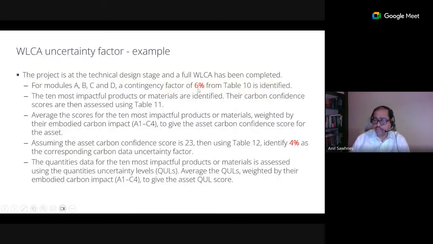So we pick that up. The 10 most impactful products or materials should be identified. Based on that, you will go and do the calculations from table 11. You will then do the average score using the weighted average by embodied carbon. And let's assume you get a confidence score of 23 as the weighted average of all your 10 materials.